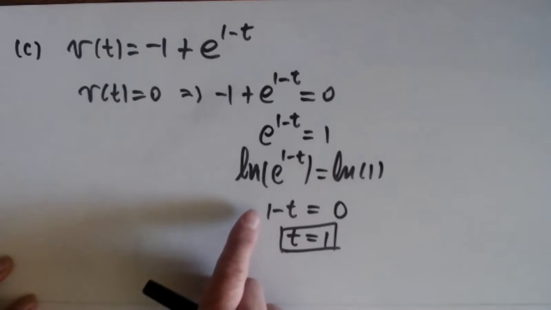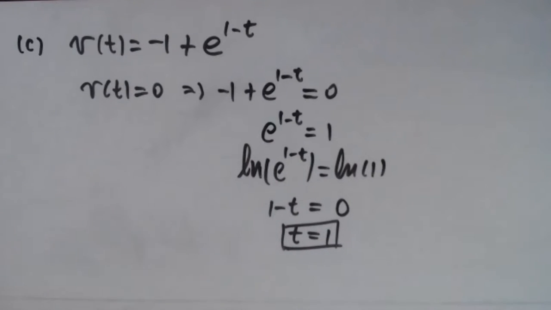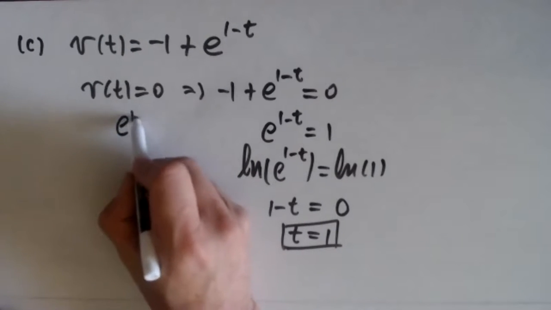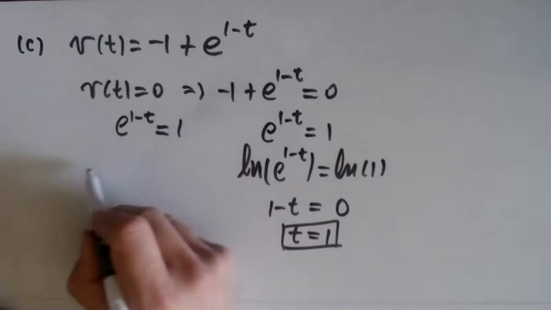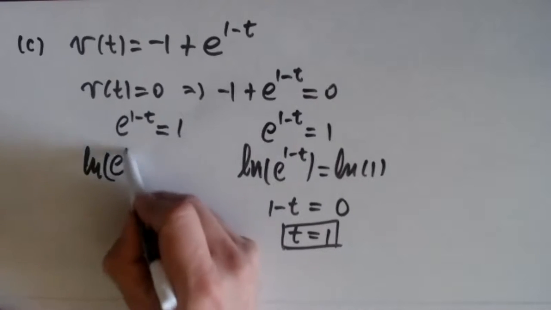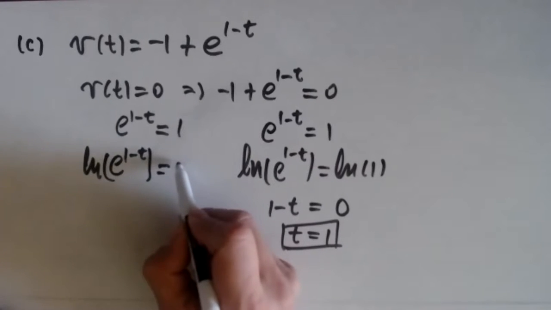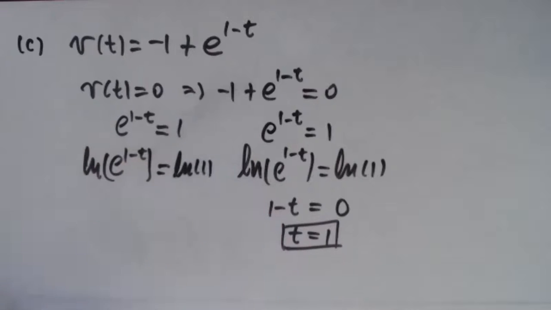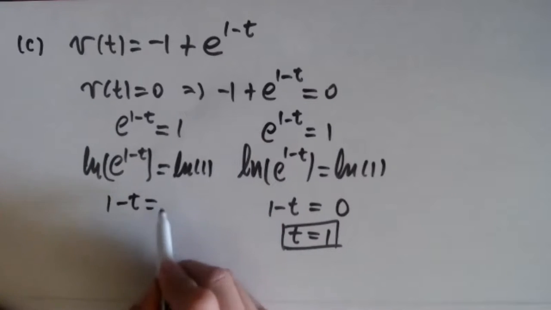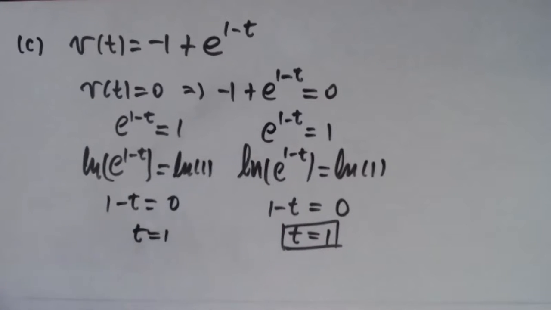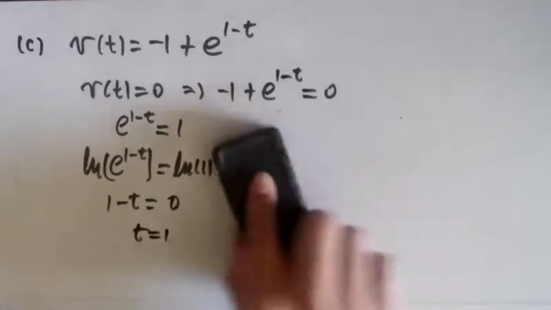Bueno, ya lo borré en el board, but that's the idea. So voy a poner aquí e^(1 minus t) equals 1. ln of e^(1 minus t) equals ln of 1. 1 minus t equals 0, t equals 1.